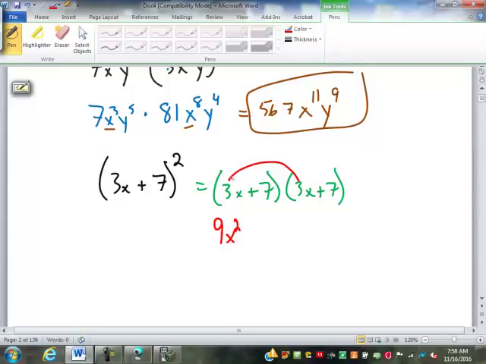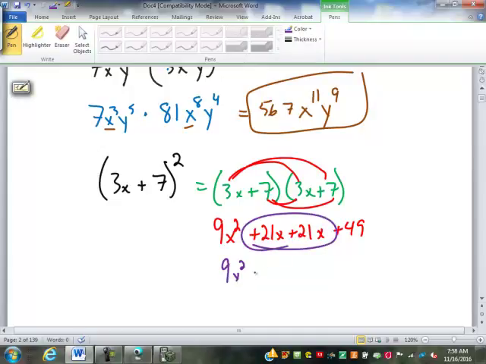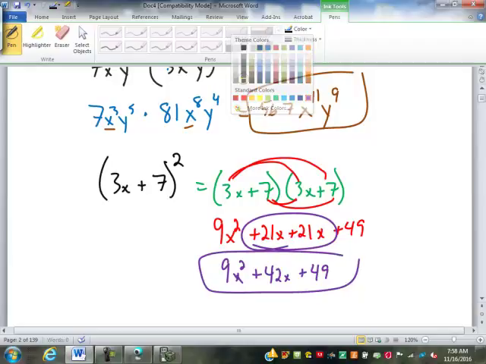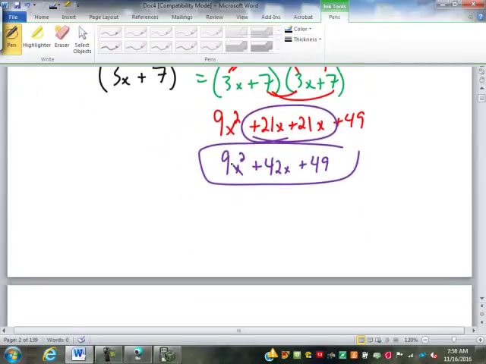Then we've got the last: 3x times 7 is 21x. 7 times 3x is another 21x. And 7 times 7 is 49. So we combine 9x squared, 21x and another 21x is a positive 42x, plus 49. Any questions on what I did there?